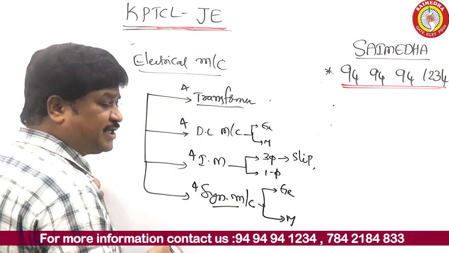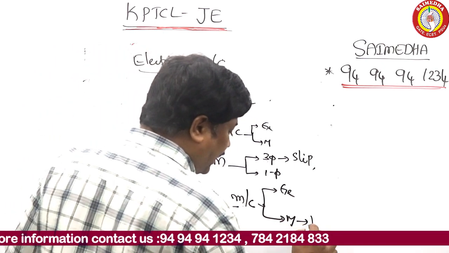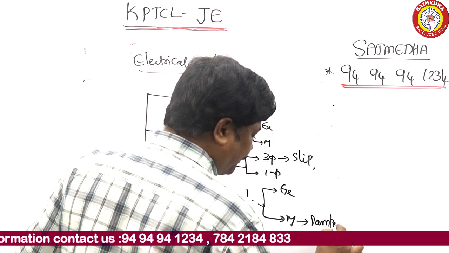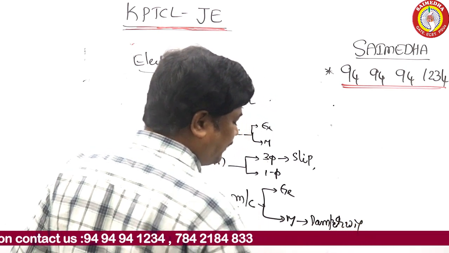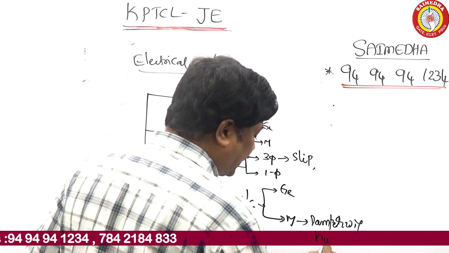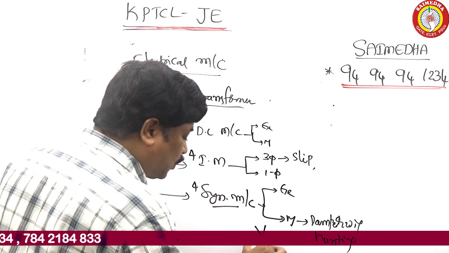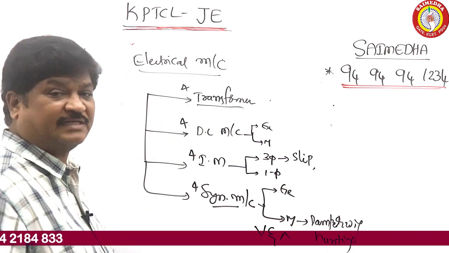Coming to the synchronous machine, in the synchronous motor, damper windings is a very important topic. Hunting is a very important topic. V curves and inverted V curves, they will ask an objective question.